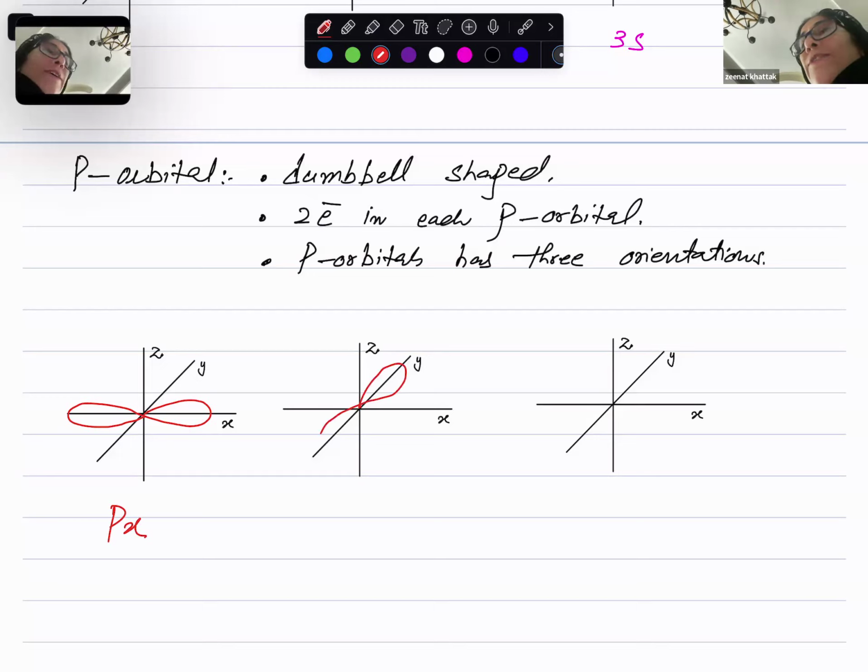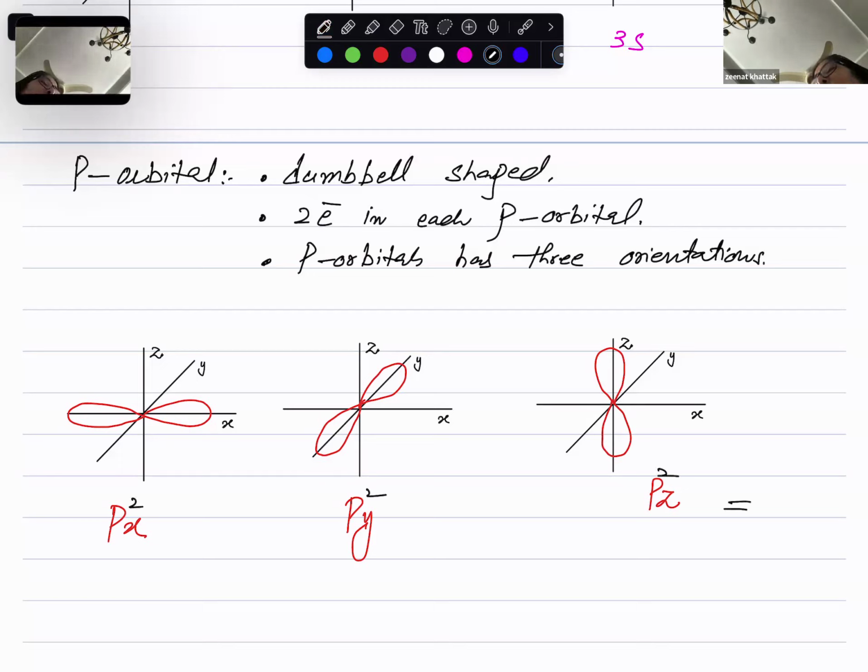Along the y-axis, called py. Along the z-axis, called pz. Look, px, py, and pz, each has 2 electrons. 2, 2, 2. So total how many electrons? 6.